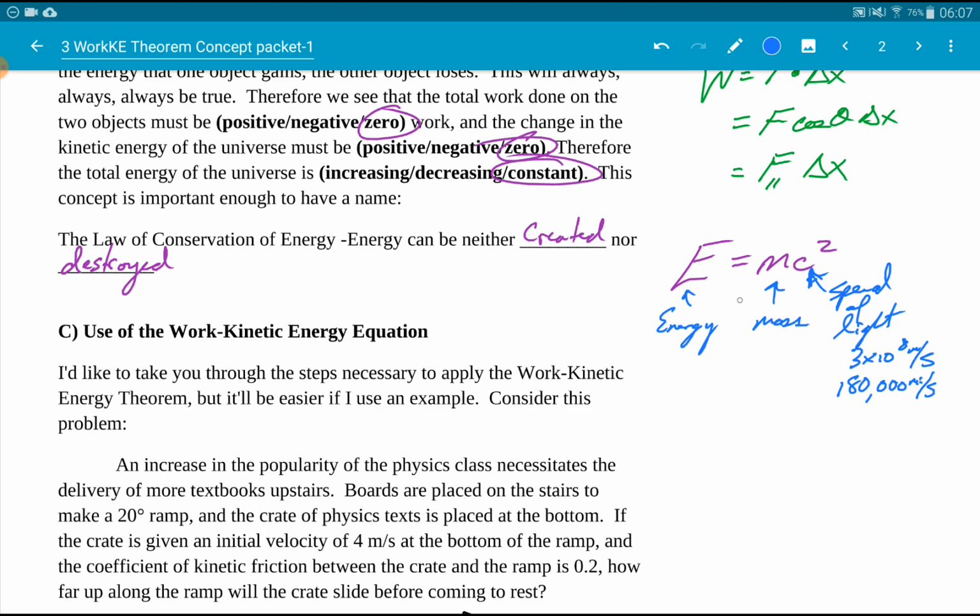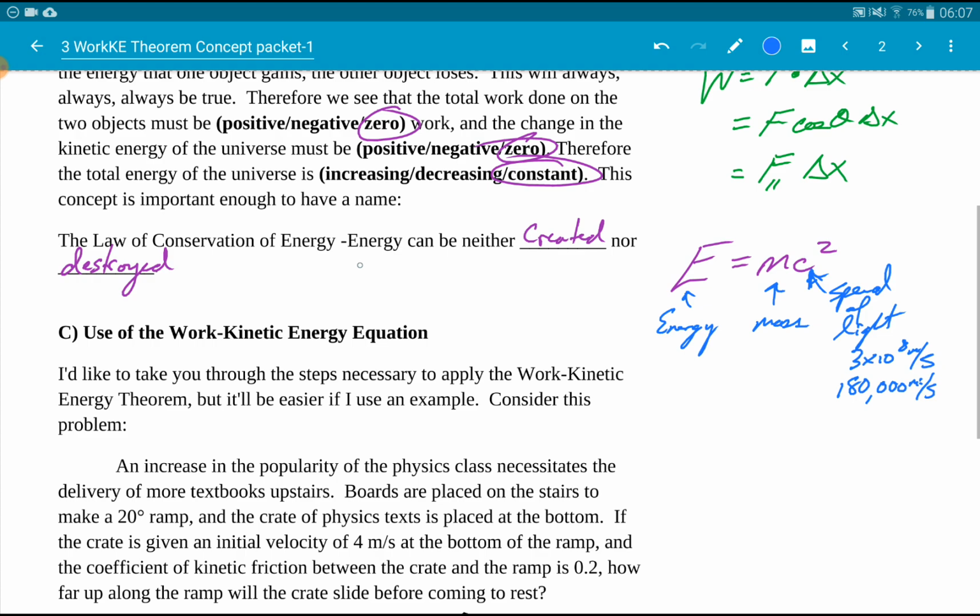So now, wait, check this out. What does this equation say real quick? It says that if I take some mass and I multiply it by some really big number, I get energy, which means that if I take mass, I can convert it into energy. And vice versa, if I take energy, I can convert that into mass. This equation is monumental because it's saying that mass and energy are actually two different forms of the same thing. So now, how does that relate to this?